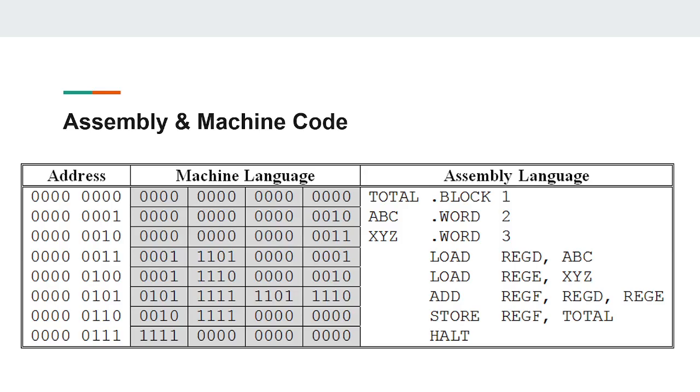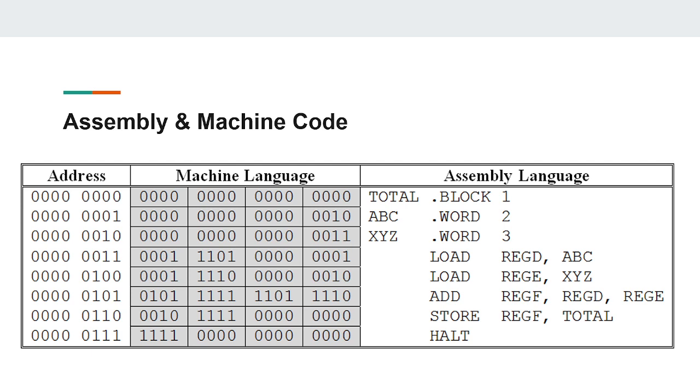This is the one place where we can see everything, right? One is assembly language, which is on the extreme right. The middle is machine language, and on the left side is the address. We discussed what assembly language is: it was used before modern programming languages came into practice.